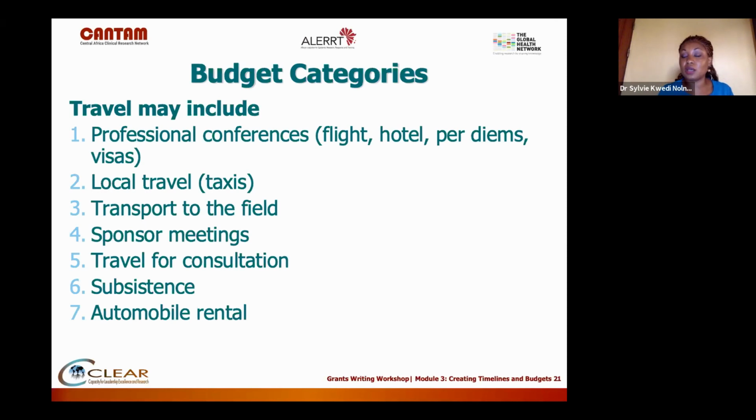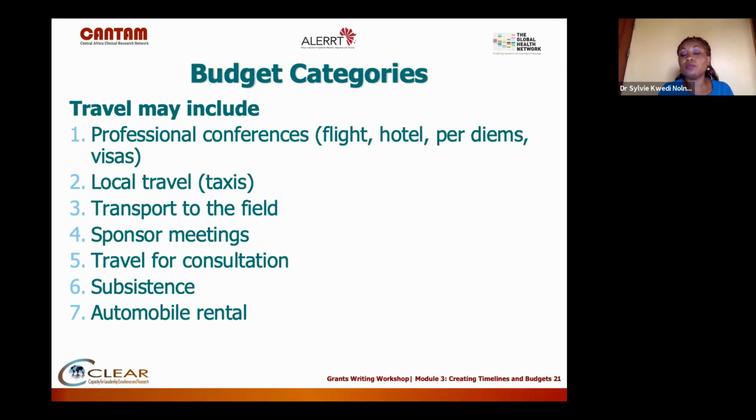Per diems depend on the country. Coming to a conference in Cameroon, it might be a different per diem cost than going to South Africa, for example, or going to Europe, for example. That needs to be taken into consideration.